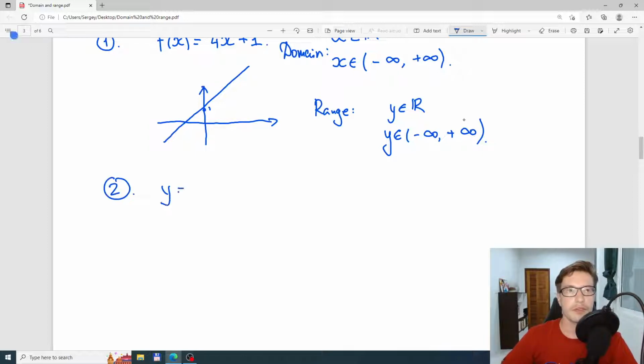y equals x squared minus 4x plus 1. First of all, let's try to think about the domain. Are there any restrictions on the input values? Again, no, we're not dividing, we're not taking a square root, we're not taking a log.